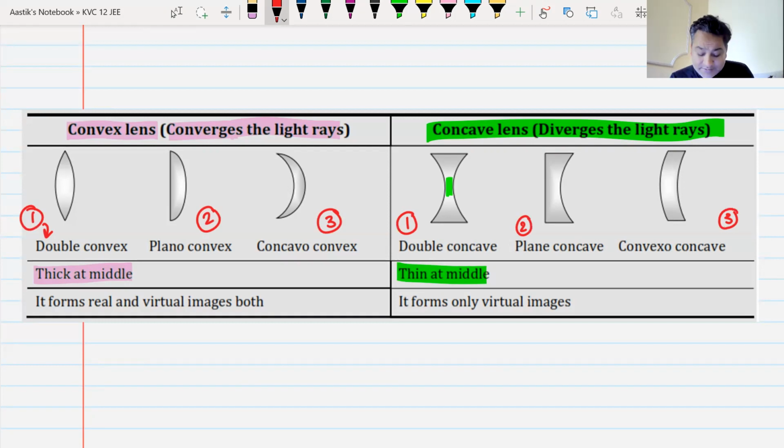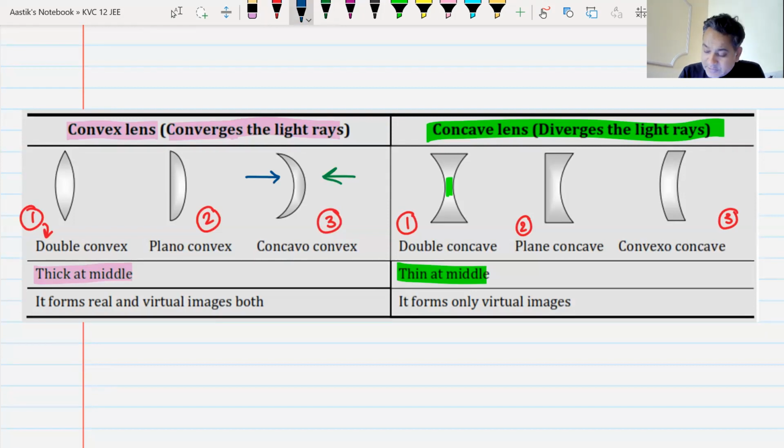Now, we might have this small doubt. So, if I look from this end, the blue end, it might behave as a concave lens. And if I look from here, or if the ray or light is coming from the green side, it might behave as a convex lens.